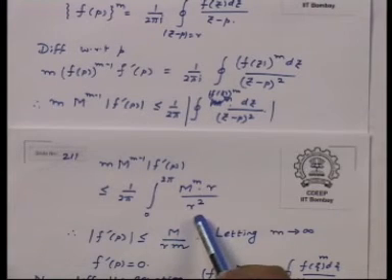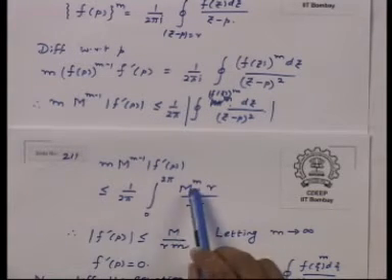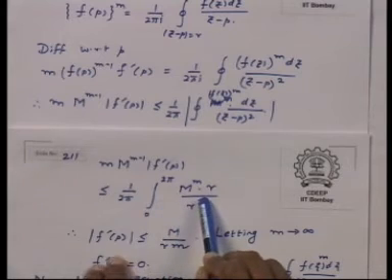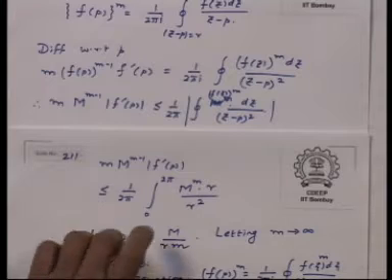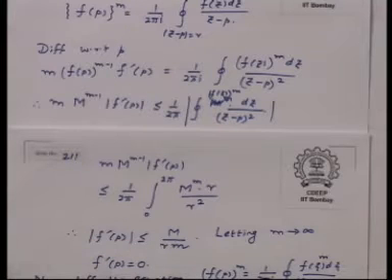So you are left with an r squared. All in all, the M to the power m minus 1 cancels out, and you get mod f prime of p is less than or equal to capital M upon r to the power m, and the little m was absolutely arbitrary, and I can allow the little m to go to infinity, and I get f prime of p is 0.